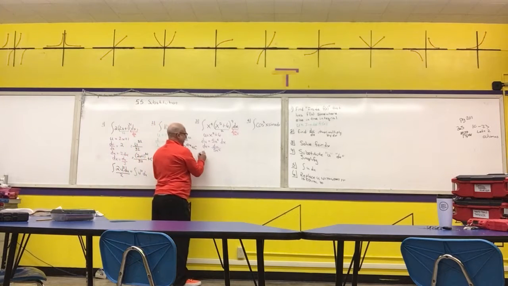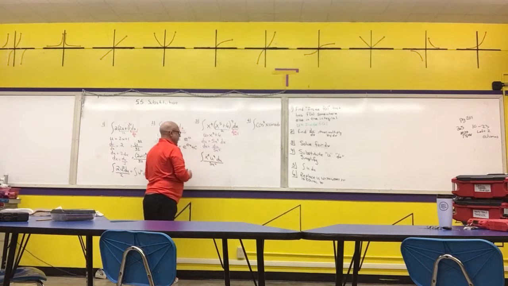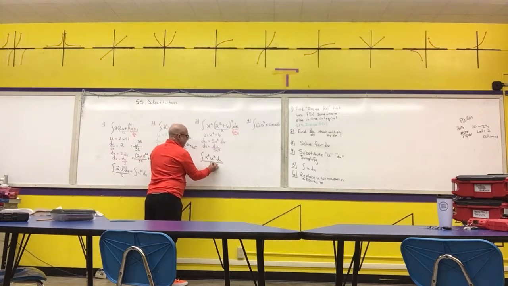Substitution, I'm going to end up with the integral of x to the 4th, u to the 9th, du over 5x to the 4th. Which is simplified u to the 9th over 5 du.